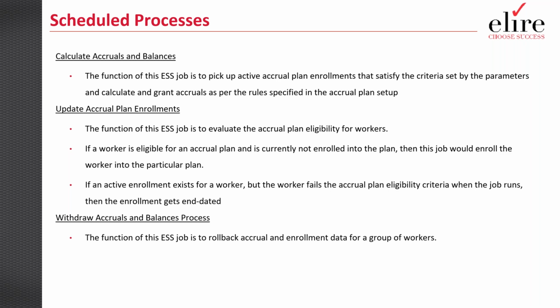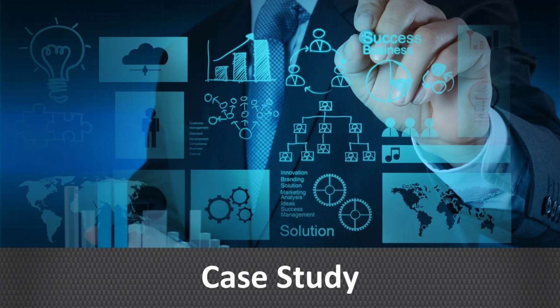If they are, it will give them that plan on that specified date, or it will remove them from the plan if they're no longer eligible. The withdraw accruals and balances process is kind of the cofactor to the calculate accruals and balances. If you need to ever roll back a calculation for a certain period, you can do that there as well.